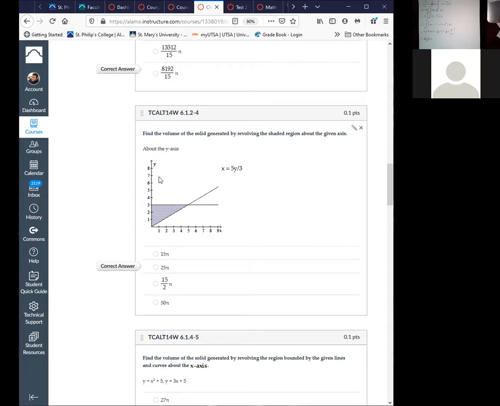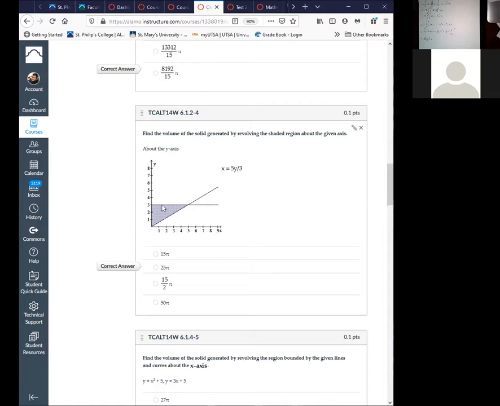If we were to do a horizontal slice, that will be perpendicular, so that would be this method, which will allow us to use this equation, so we wouldn't have to solve for it. So I think both are simple.